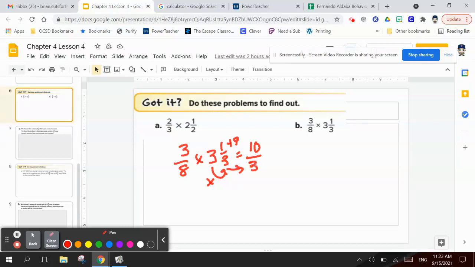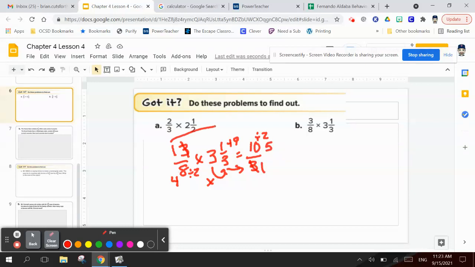So if I cross multiply again, I know that 3 goes into 3 one time. 3 goes into 3 once. 8 does not go into 10 equally, but there is a common factor, which is 2. So if I divide each by 2, 8 divided by 2 is 4. 10 divided by 2 is 5.